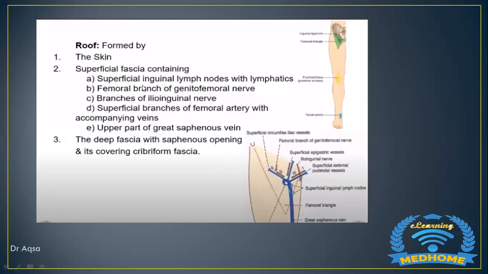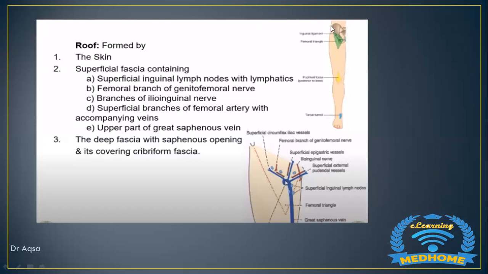We have the femoral branch of the genitofemoral nerve, branches of the ilioinguinal nerve, and superficial branches of the femoral artery along with its accompanying vein. We also have a part of the greater saphenous vein.